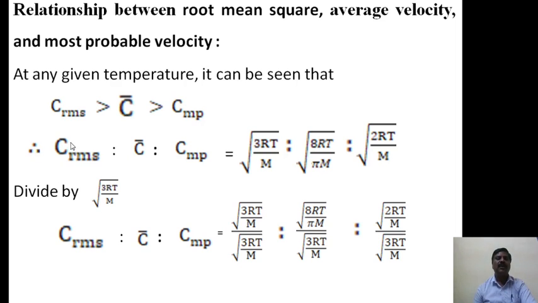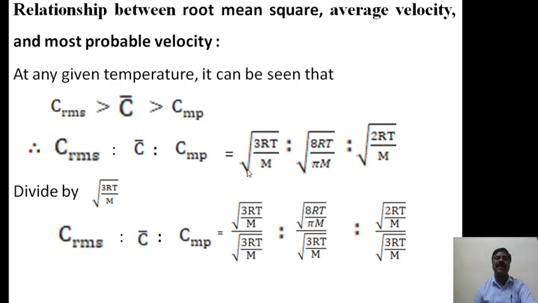So we can write in the ratio form: root mean square velocity proportional to average velocity proportional to C_MP.